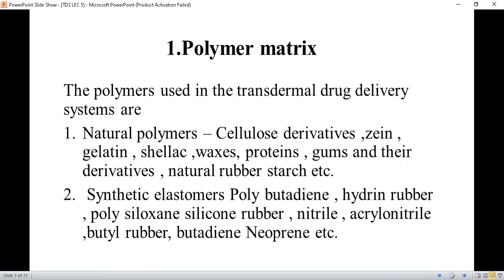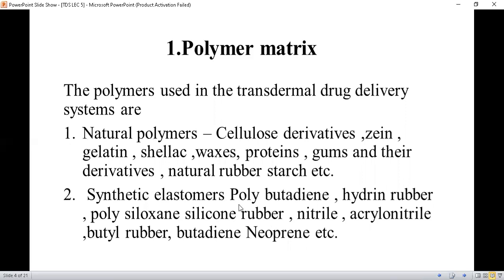Let's proceed further. The polymers used in transdermal drug delivery systems include natural polymers like cellulose derivatives, zein, gelatin, shellac, waxes, proteins, gums and their derivatives, natural rubber, starch, etc. These are the polymers used in transdermal formulation for the adsorption or as a reservoir of the drug substance.